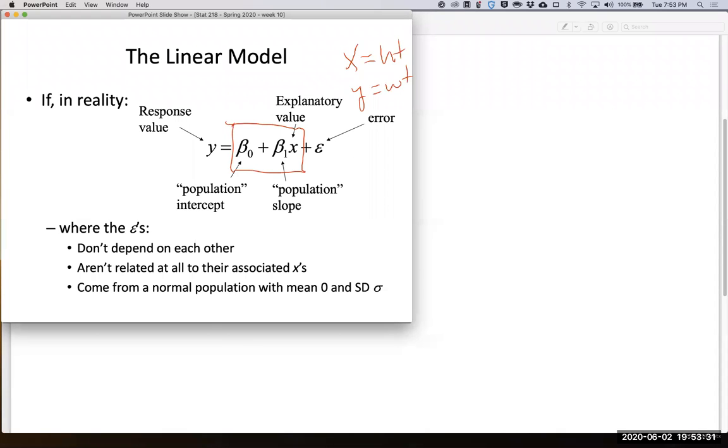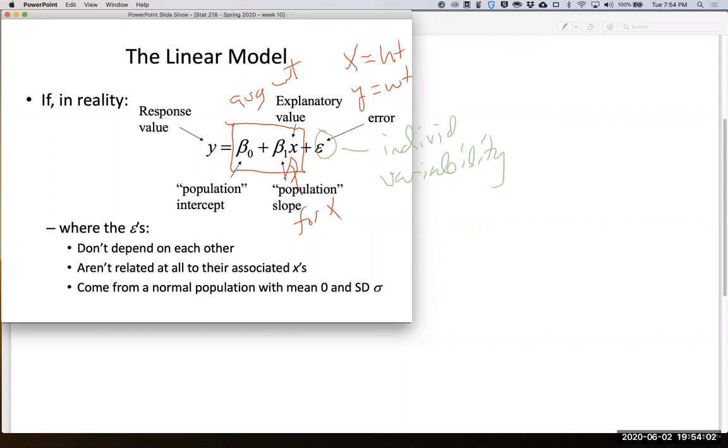It says the average weight for a given x follows a linear trend line. But from person to person to person, there's variability around the trend line. Not everyone that's 5'9" weighs exactly the same.